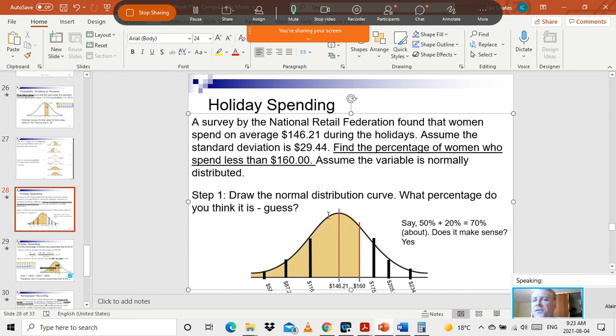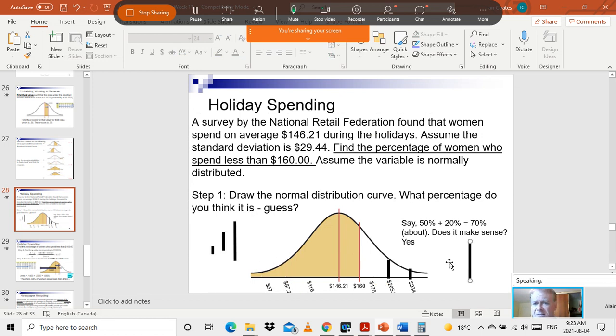I draw the normal distribution. Is it accurate? To some extent, but it doesn't have to be, because this is where I want you to be able to guess. So here's your mean, $146. These are real values, not standardized yet.